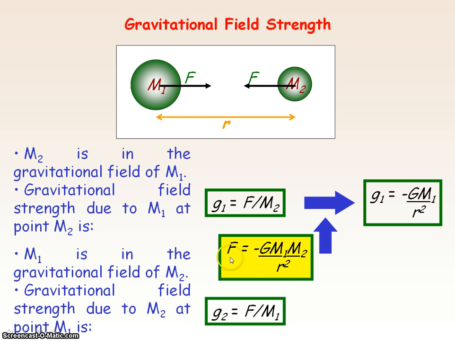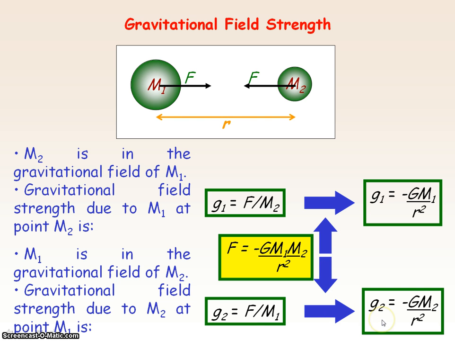So if we substitute for the force F into the equation for gravitational field strength, we get then that the gravitational field strength due to m2 equals minus G m2 divided by r squared.